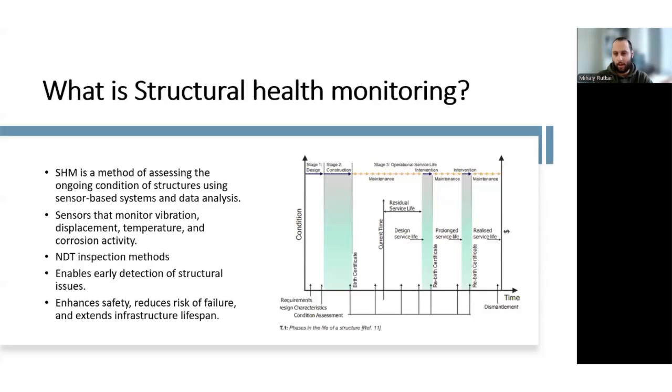Now, during the life cycle of a structure, you usually have the design, construction, and operational stages. And it is in the operational stage where I believe structural health monitoring really shines, but it is not exclusive to it. For example, in the construction phase, temperature gauges are often used to monitor concrete after the pour to inform engineers that it is all within allowable limits, or if it's not, then to be able to adjust in further pours and designs.